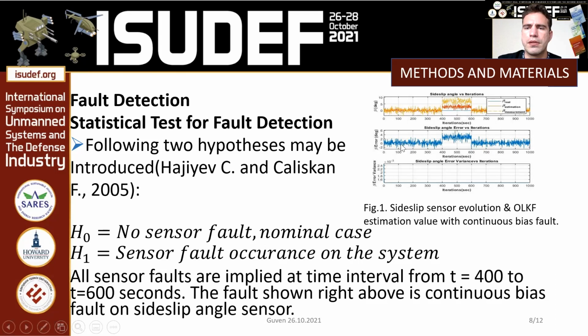You can see the error is approximately 3 degrees for the estimation Kalman filter you see here, but the measurement error is approximately 8.5 degrees, I'm sorry, not radians.